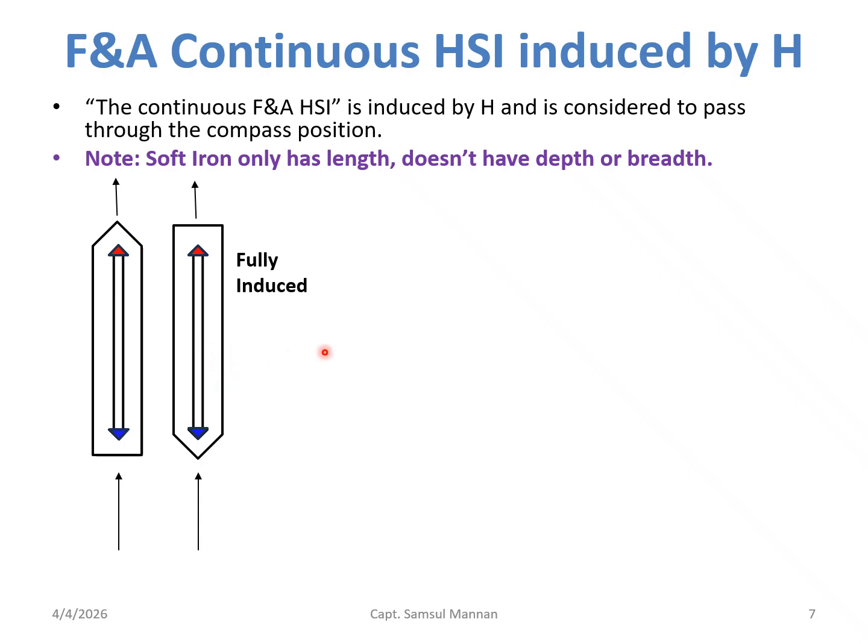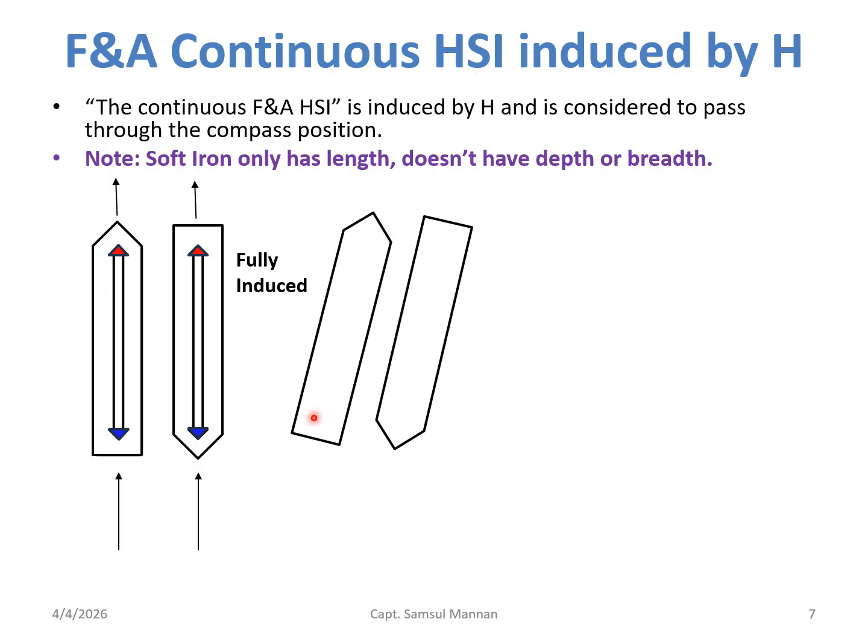compass needle, right? Now the ship's heading has been changed. Suppose the ship heading is 045 degrees. With the 045 degree heading, our horizontal soft iron also changes its heading. Now here we have some magnetic lines of force, and here we have the horizontal soft iron.